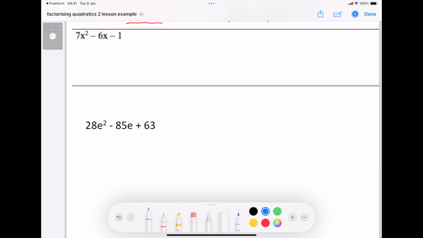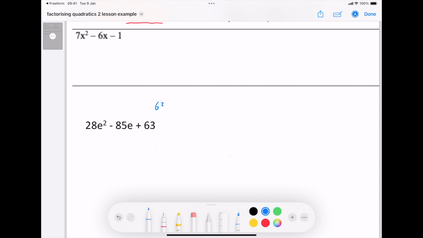Now this last example is much harder because we have several multiples for the last number, and also the same can be said for the first number. But the method is still the same, and this is where the trial and error aspect can come into it more, because you have to think about which multiples combine to give this middle number, and obviously there's more than one choice.